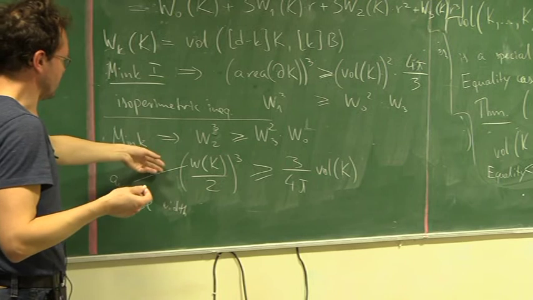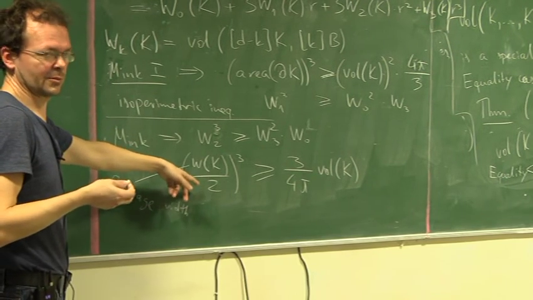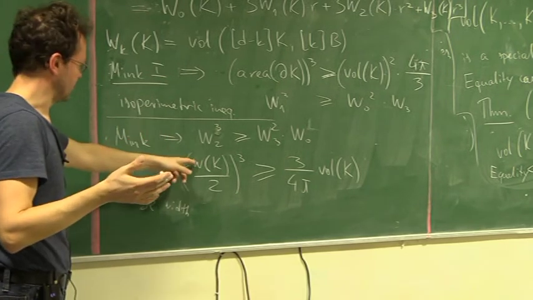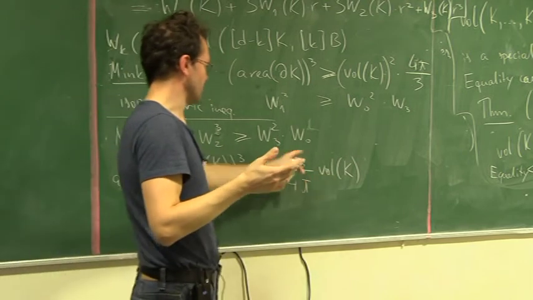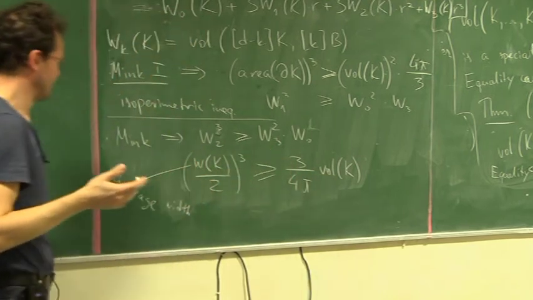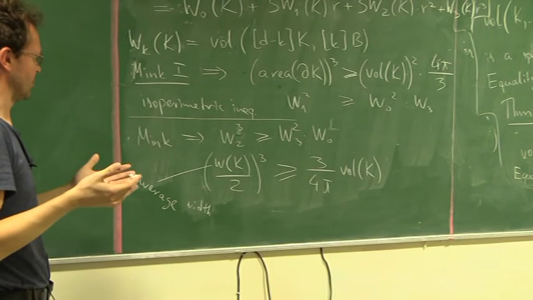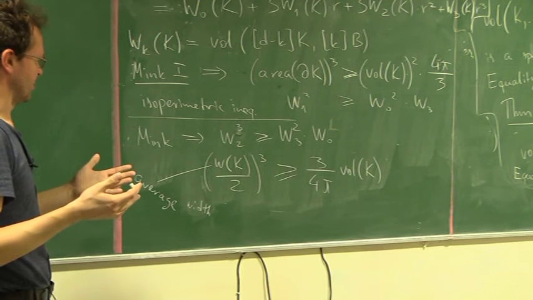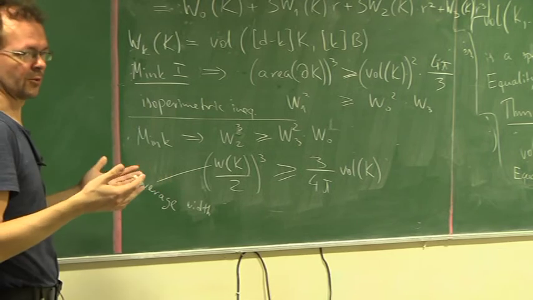So here the equality occurs only if K is a ball, and for the ball it's easy to check that it's correct, right? The width of the unit ball is equal to 2, so that we have 1 here, and the volume is compensated by this factor. So that's not an isoperimetric inequality, but something else. The ball has the smallest average width among all bodies of the same volume.